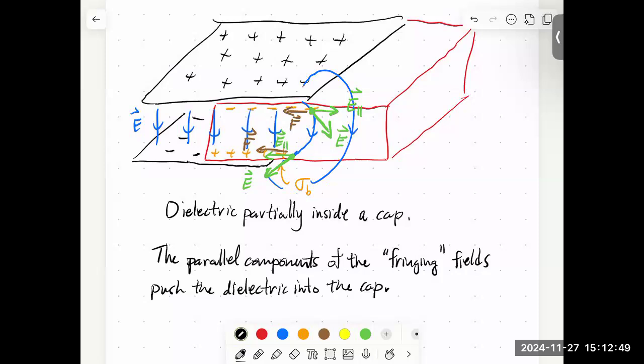Then you can write the work as the energy in terms of the capacitance, and we can write down an expression for the capacitance, so we can take that derivative and find the force. If you're interested in that, it's in Griffiths, and it's not a long calculation, but it's a pretty neat result. Okay, that's where I'm going to stop.